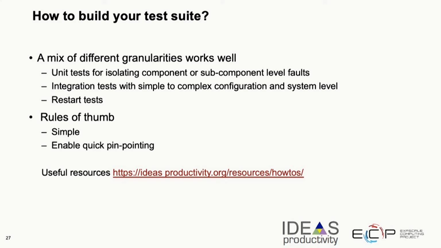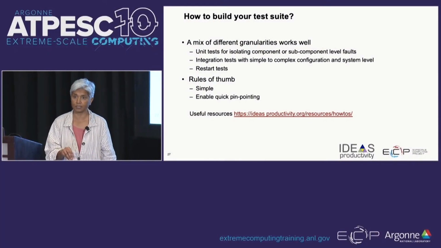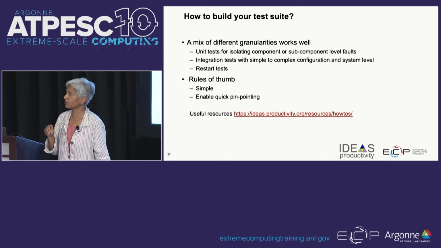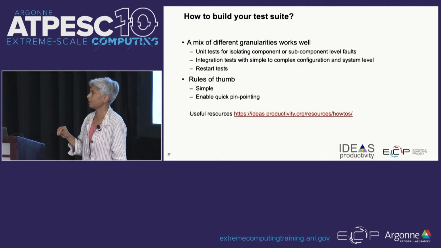In scientific computing, you need to have restart tests as well, and this is something that most people won't tell you. This is because typically you are submitting your jobs in a batch run, and so your simulation or whatever analysis you are doing is likely not going to be completed in a single instance of being on the queue, which means that you need to be able to restart from an intermediate state, and so you need to make sure that your code also restarts transparently.